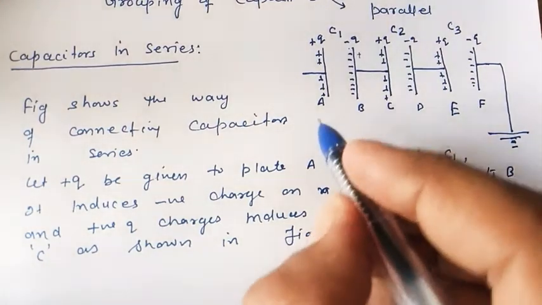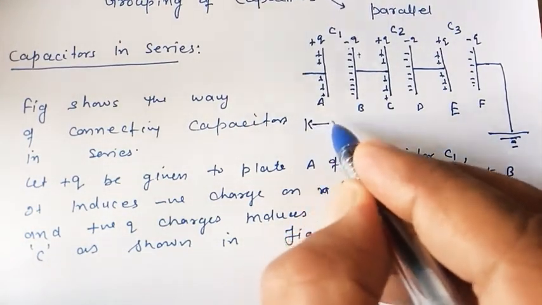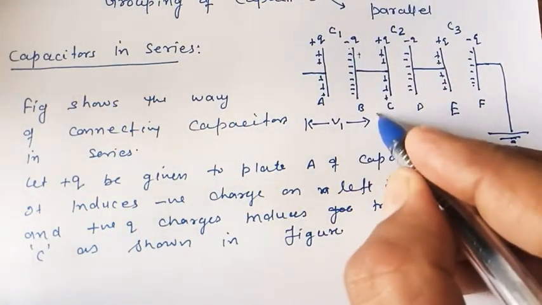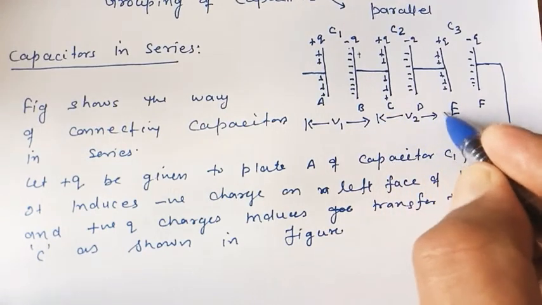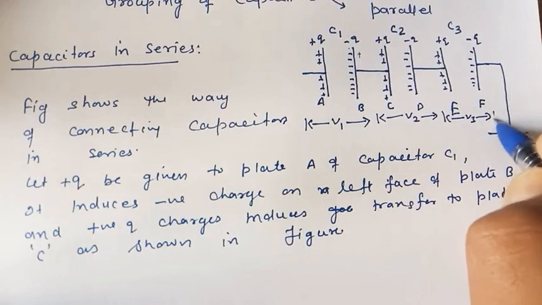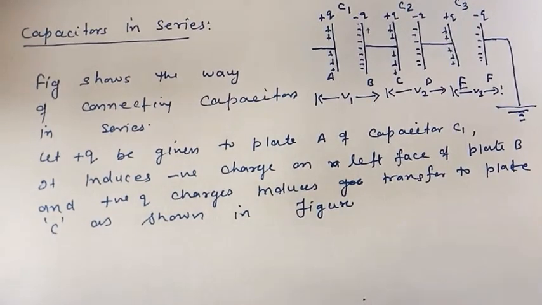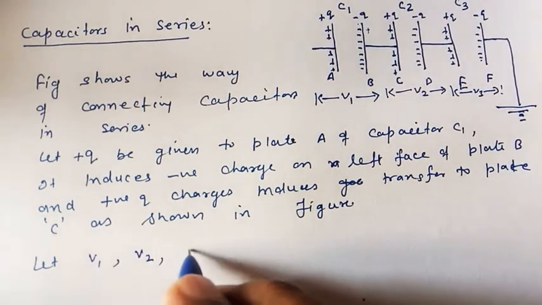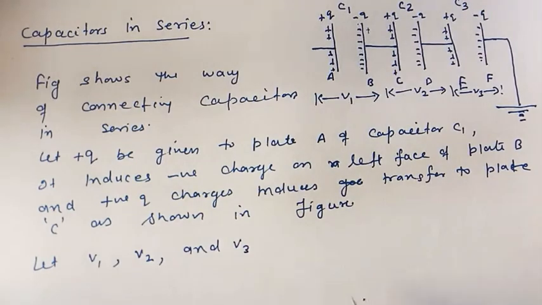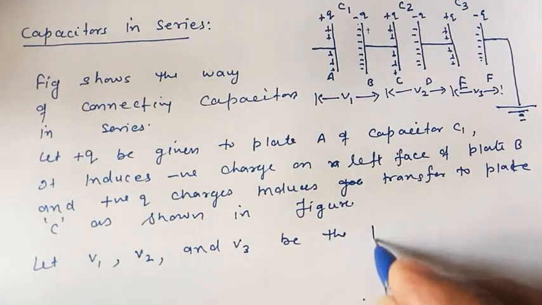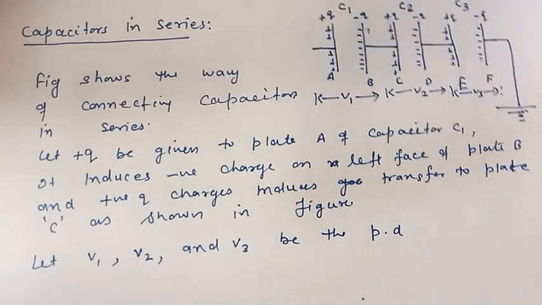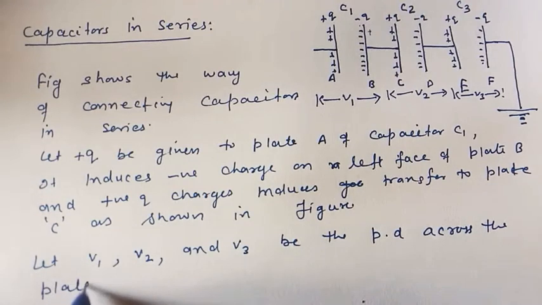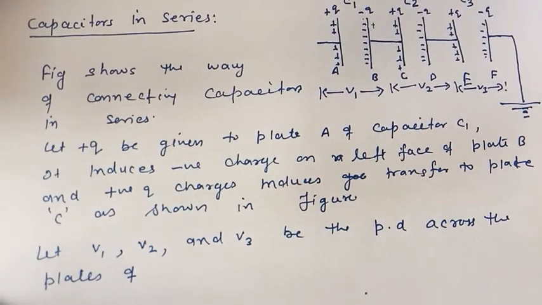Now let the potential difference across the capacitor of capacitance C1 be V1, here the potential difference be V2, and here it is V3. Let V1, V2 and V3 be the potential differences, PD for potential difference, across the plates of the capacitors.